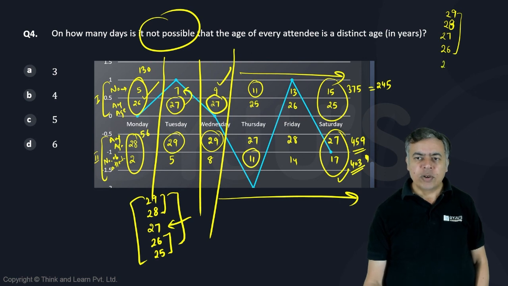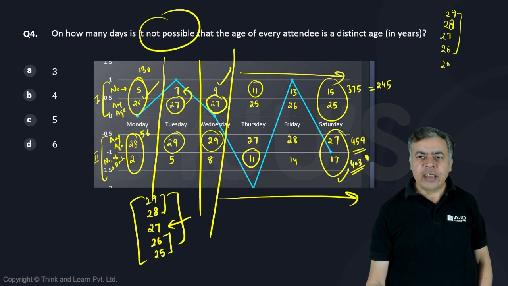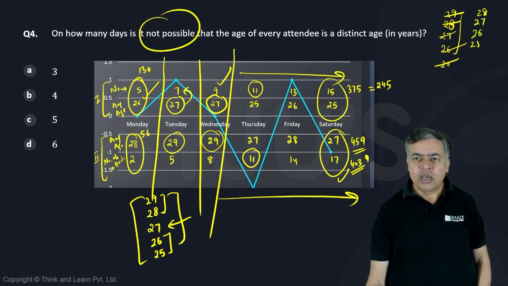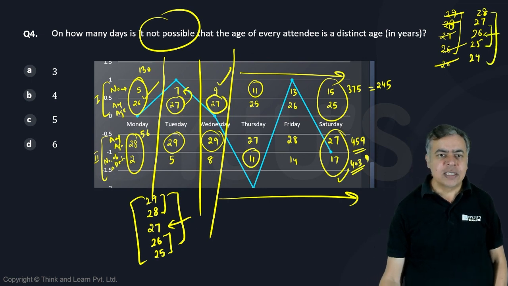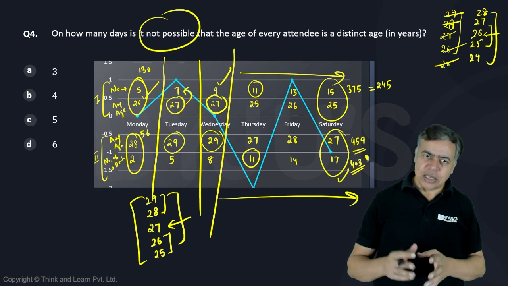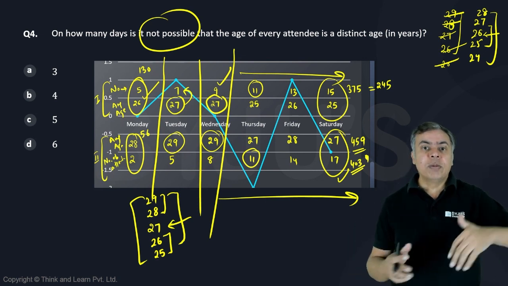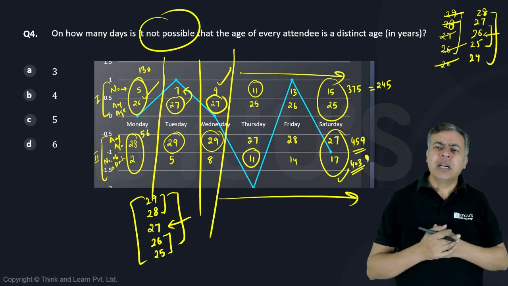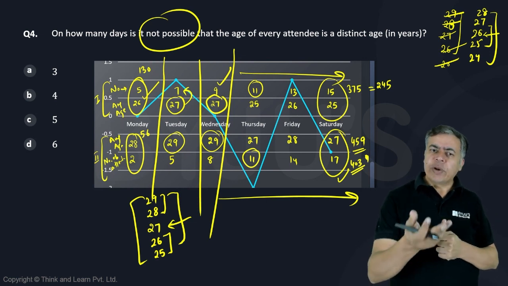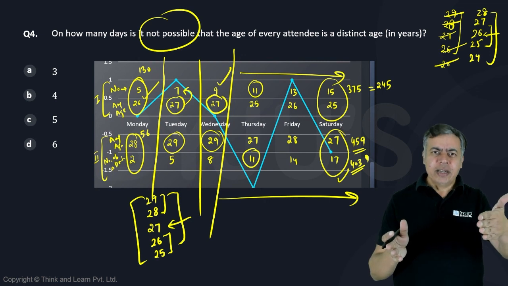So I can have 20 balancing this. Or I can have just 5 persons: 26, 27, 28, 25, 24. So balancing the average at 26, the average would be 26, and the number of persons having distinct ages will be 5. So there will be multiple combinations. For 28 we have already seen 27 and 29.